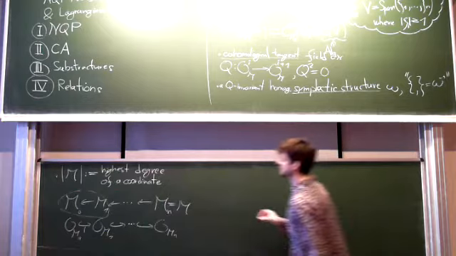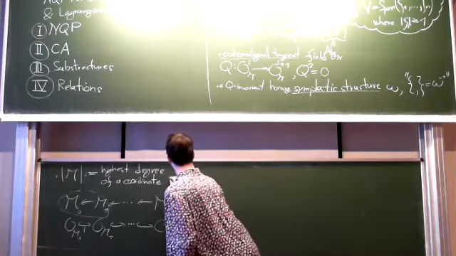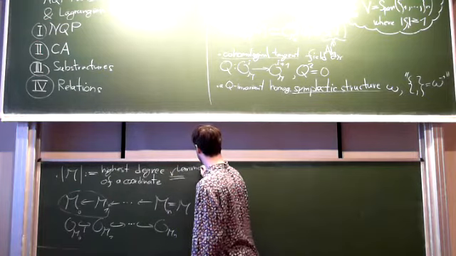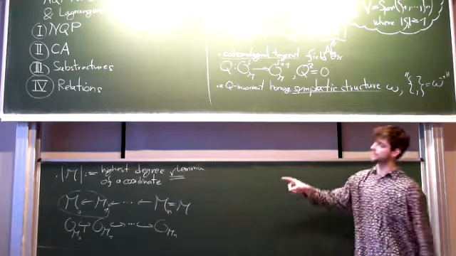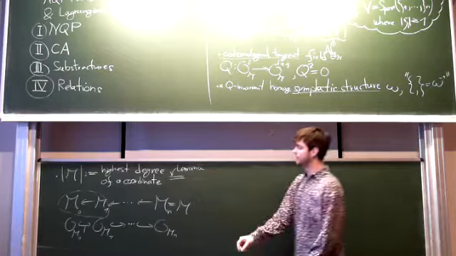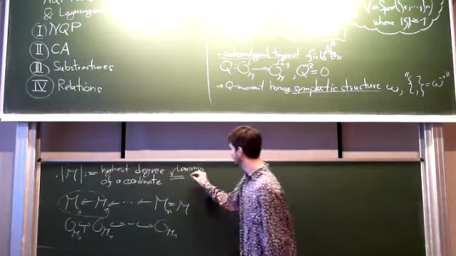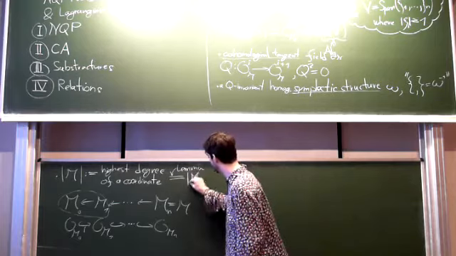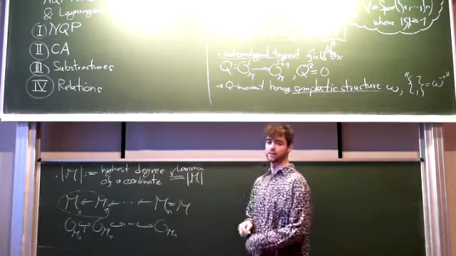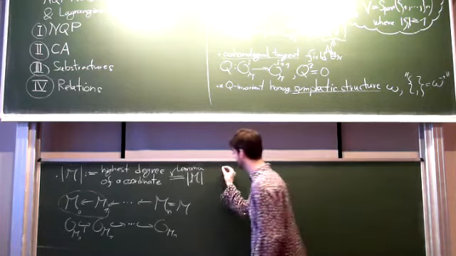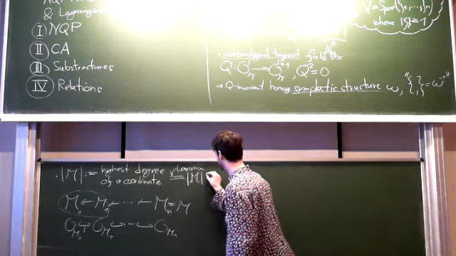So there's this lemma: on an NQP manifold with a homogeneous symplectic structure, the degree of the graded manifold cannot exceed the degree of the symplectic structure.